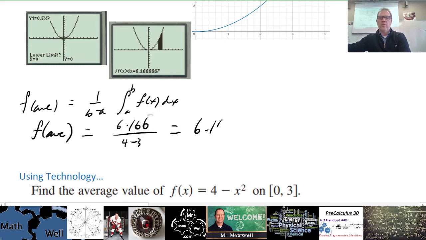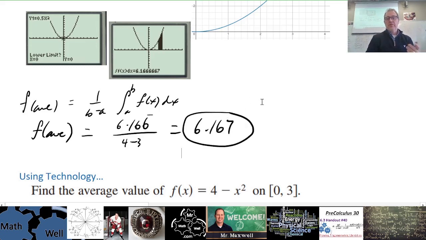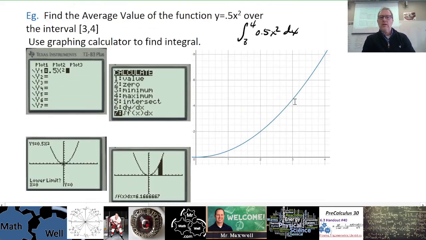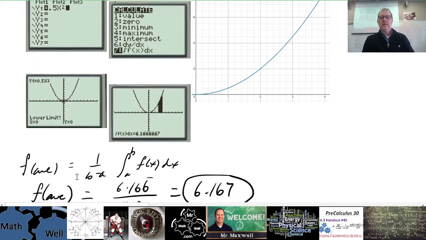So 6.16 repeating, or 6.167, whatever. You should round it. Don't put the repeating sign on there. So that's your average value. Don't forget to do the 1 over b minus a as well.